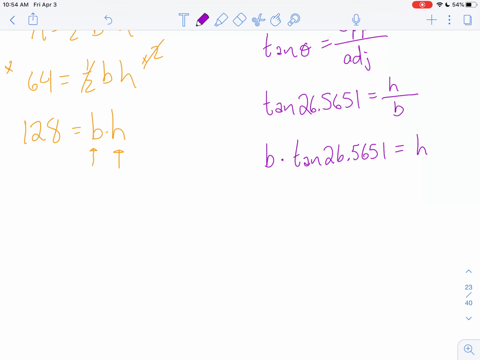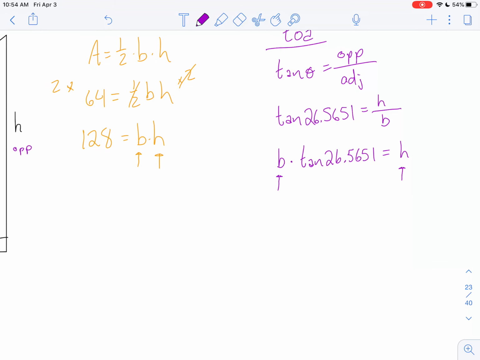Following me there? So notice I've got an equation with h in it, and now I know what h is. I'm going to put some big brackets around here so you can see that.